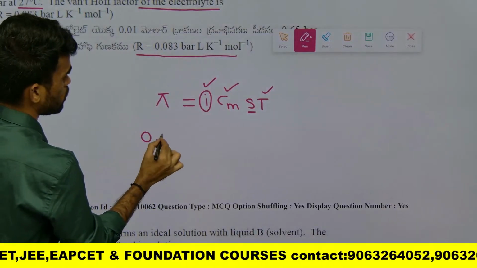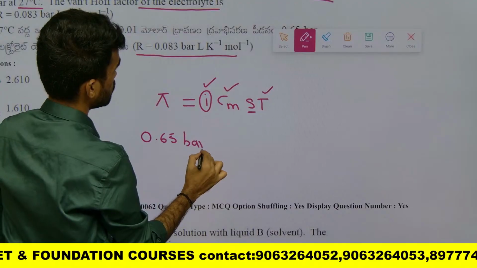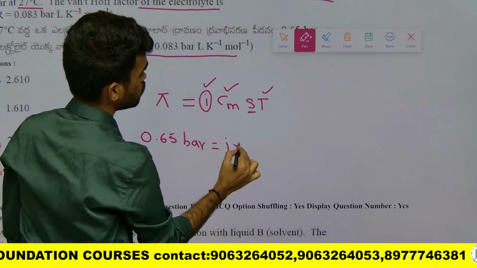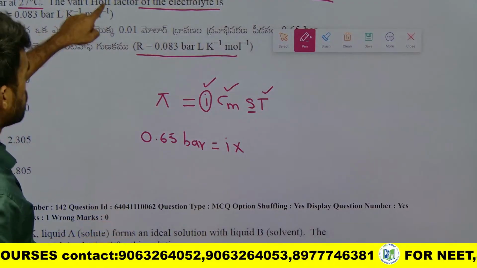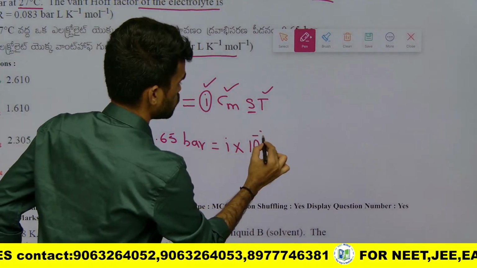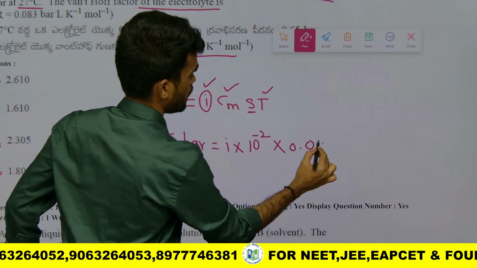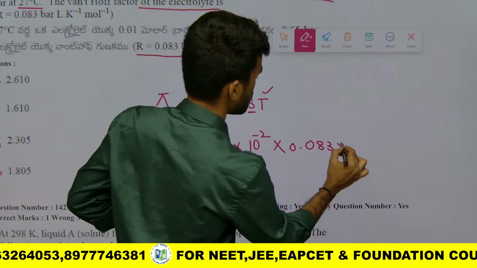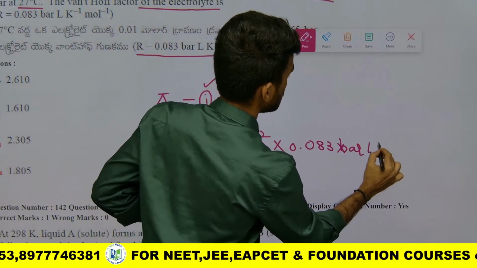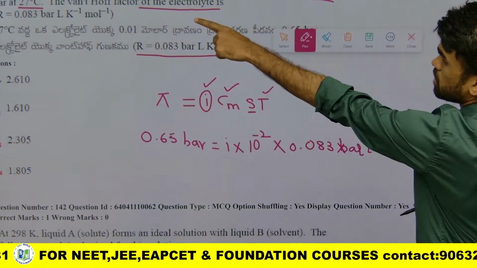So this is 0.65, the pi value given in bars, equal to i into the molar concentration they mentioned, 0.01, so 10 power minus 2 molar. R is 0.083 bar liter per Kelvin per mole, into the temperature mentioned, 27.